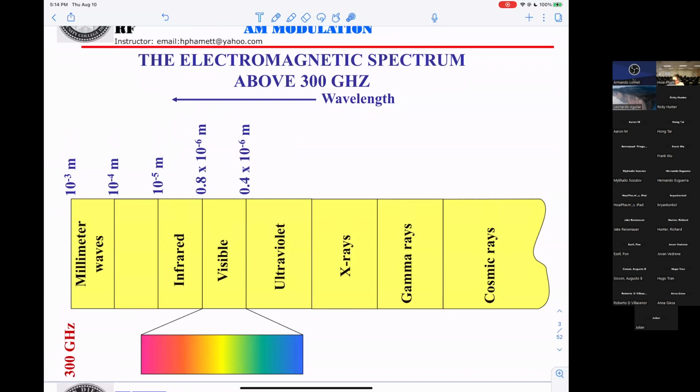That they give you the electromagnetic spectrum above 300 gigahertz. Okay, so you can see they can be listing in here for you.